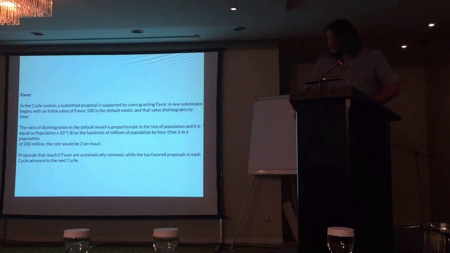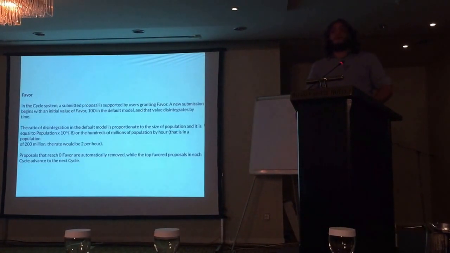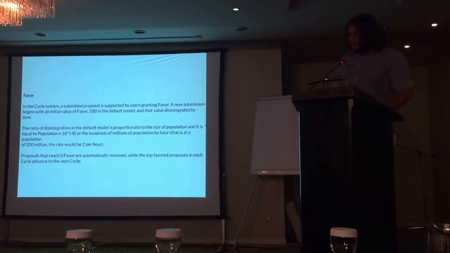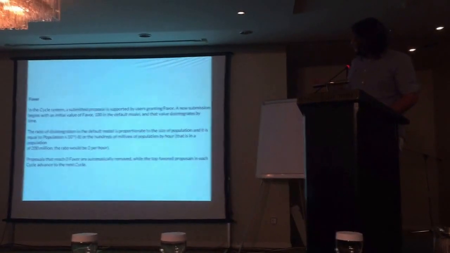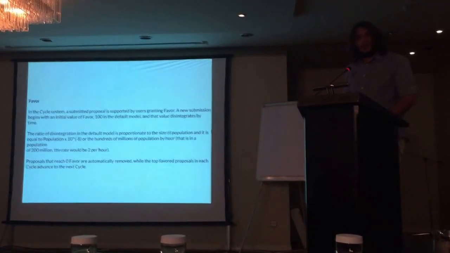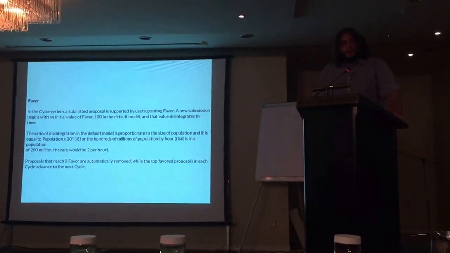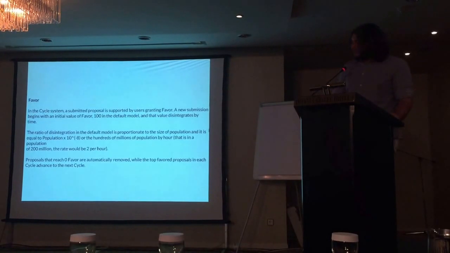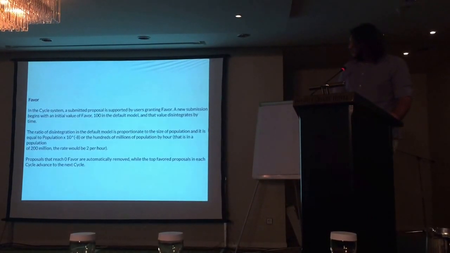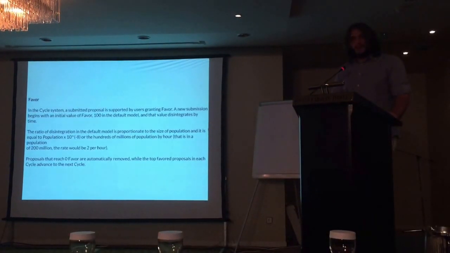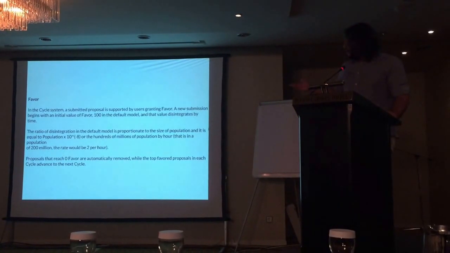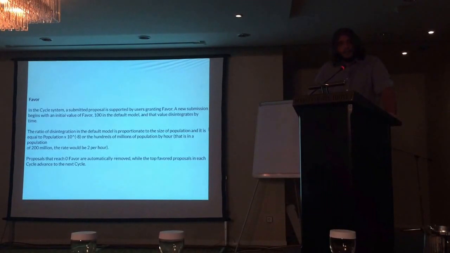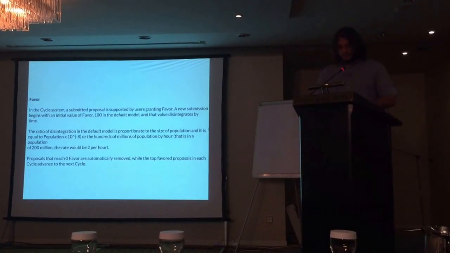In the next system, the system of favor, when a user submits a proposal, he will have an initial favor of, for example, 100. This favor disintegrates over time, and when it reaches 0, the proposal is removed automatically from the system. Users that support the proposals that have the greatest value of favor in each cycle will progress to the next one.